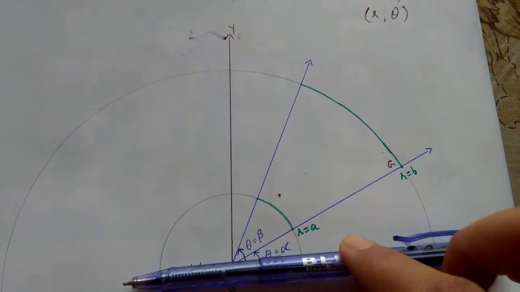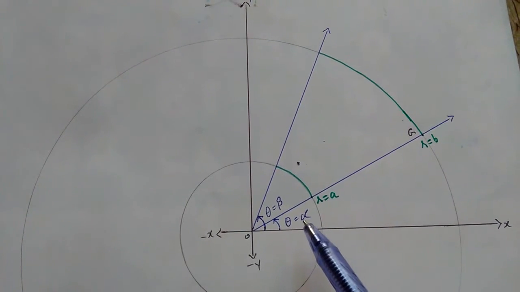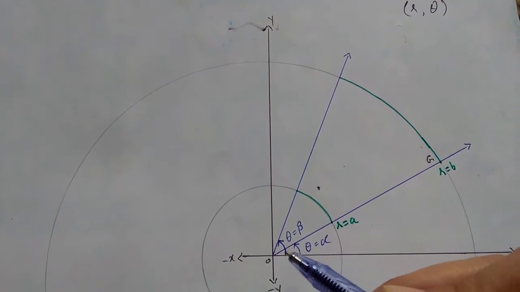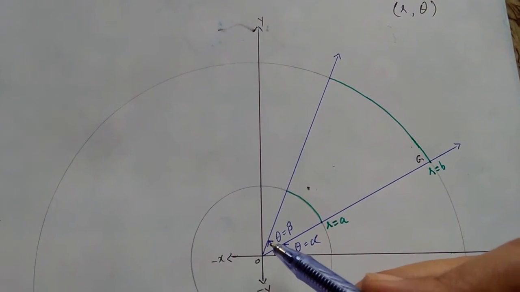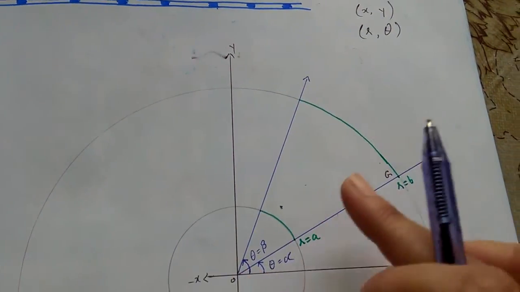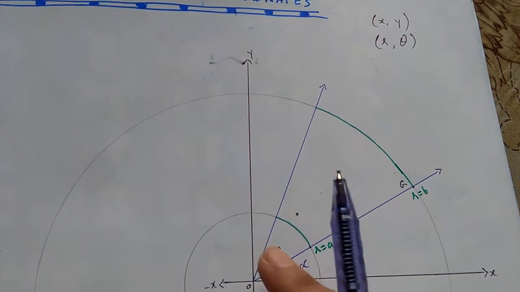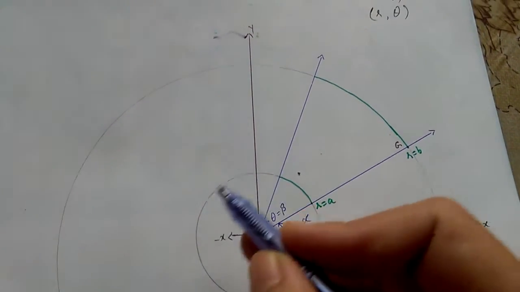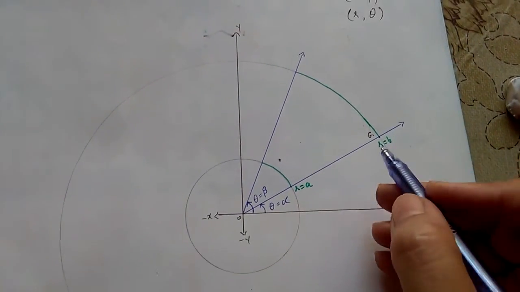I draw a ray like this having angle theta equals alpha, and another ray having angle theta equals beta, starting from the initial line. We always calculate the angle with respect to the initial line. So this plane G is bounded by these two rays having these angles, and also by two circles, one with radius r equals a and another with radius r equals b.